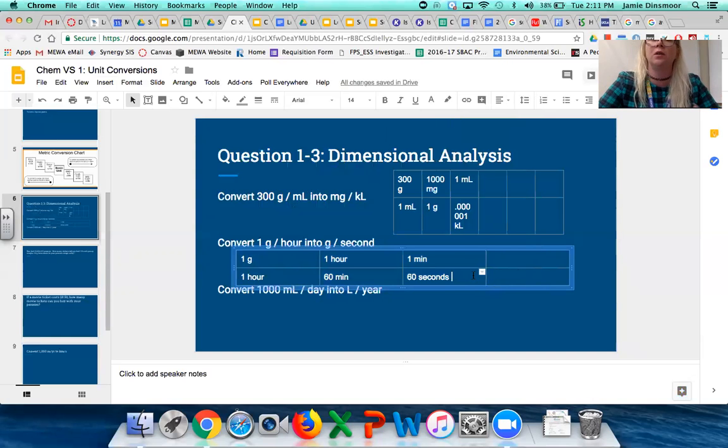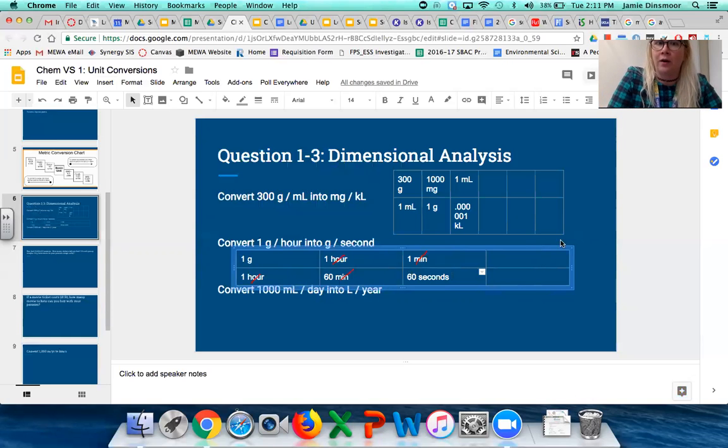So keeping that in mind, in this case, let's make sure we're in the correct units. We're staying in grams, okay? Hours are going to cancel. Minutes are going to cancel. And we're going to be left with seconds. So in this case, we're going to do 1 divided by 60 divided by 60.